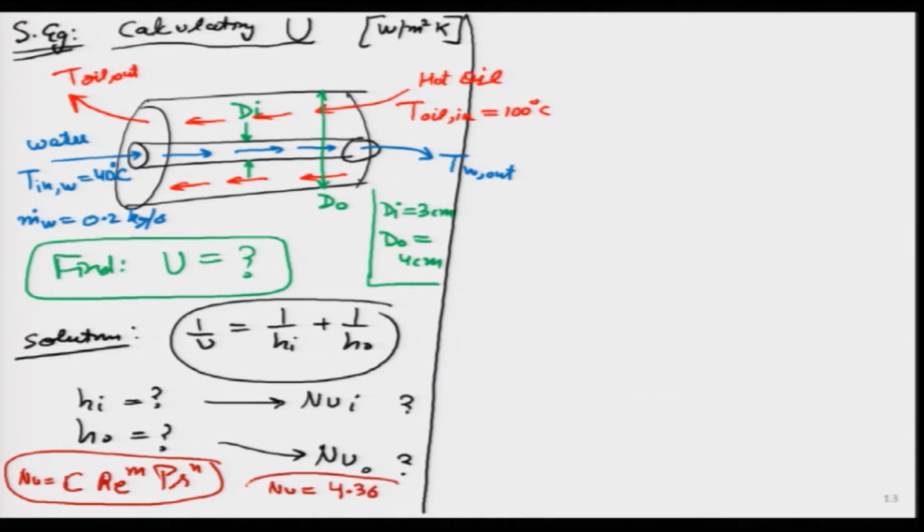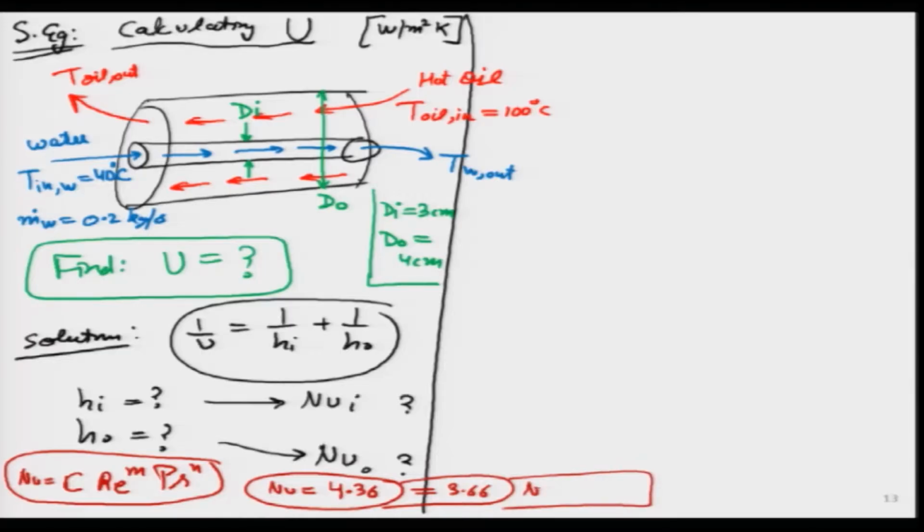In the laminar case it turned out to be constant depending on boundary conditions, sometimes 3.66. Sometimes when we are having natural convection, then there is no Reynolds or Prandtl. In natural convection, Nusselt was a function of C into Rayleigh to the power n.